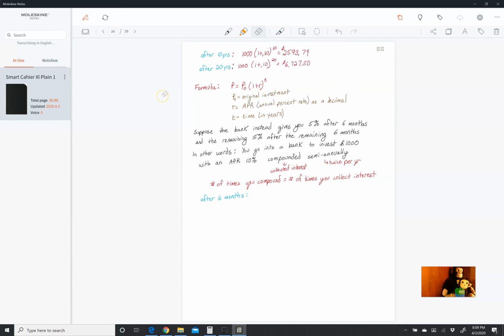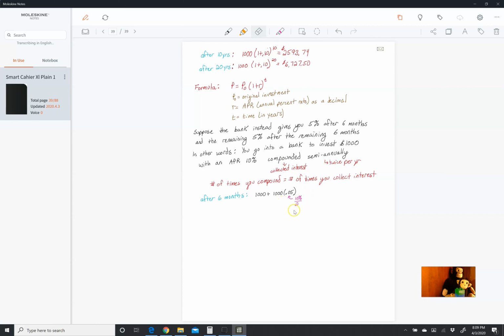Okay, so after 6 months, we're going to get $1,000 plus $1,000. And this time, instead of multiplying by 0.10, we're only multiplying by 0.05. So this is your R divided by 2. Right? We're really only getting 5% here.